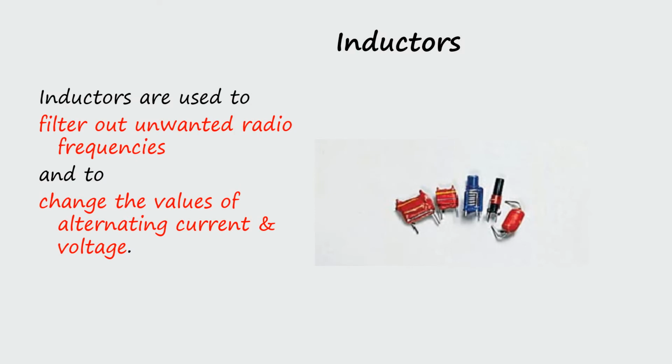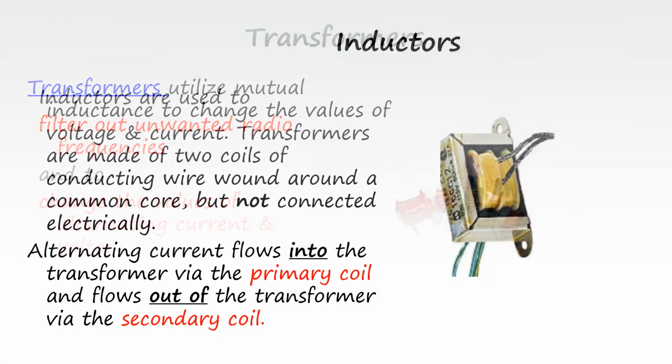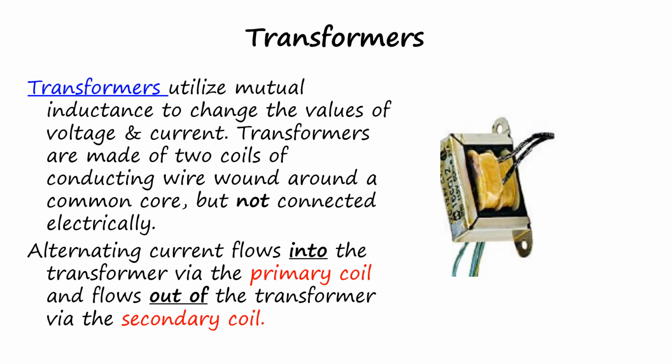Inductors are used to filter out unwanted radio frequencies and to change the values of alternating current and voltage. Transformers utilize mutual inductance to change the values of voltage and current.